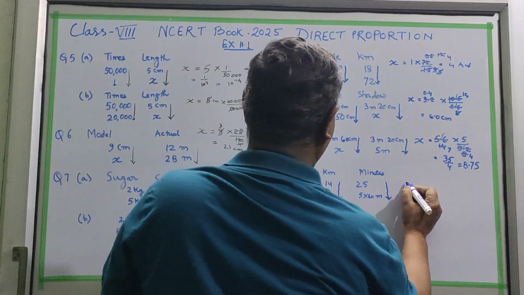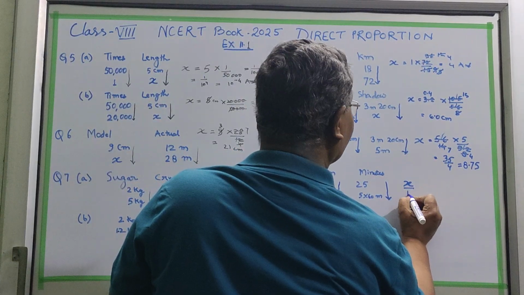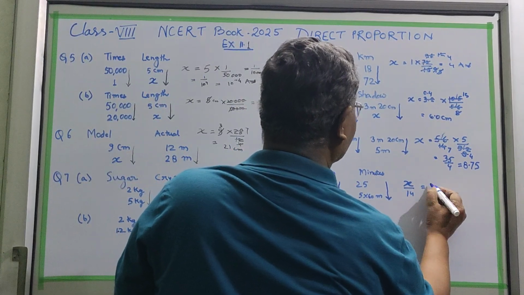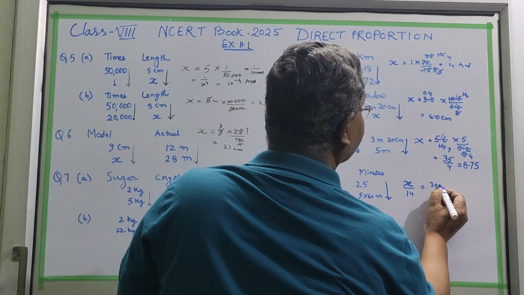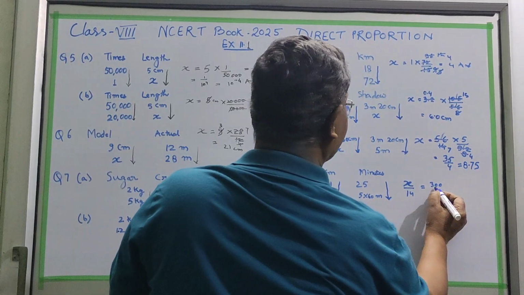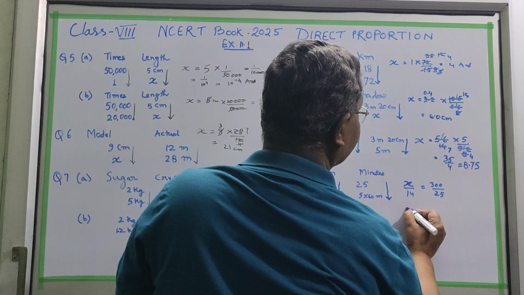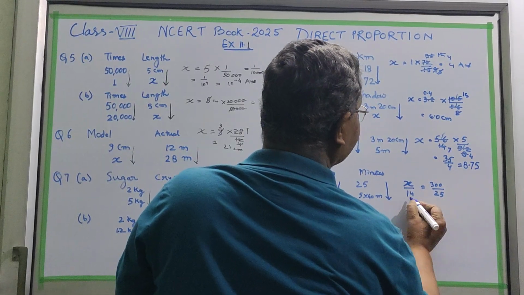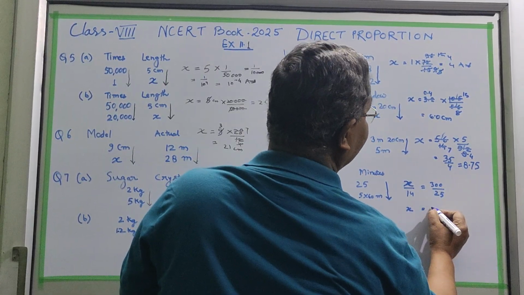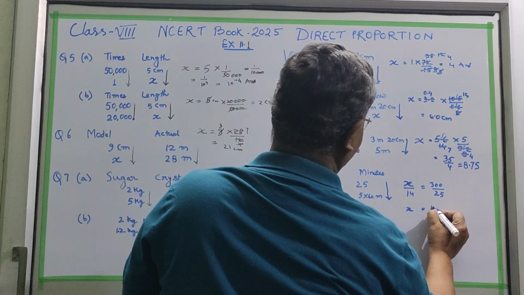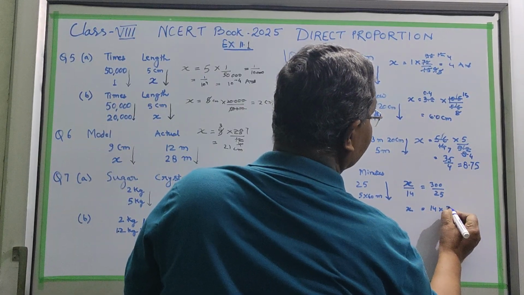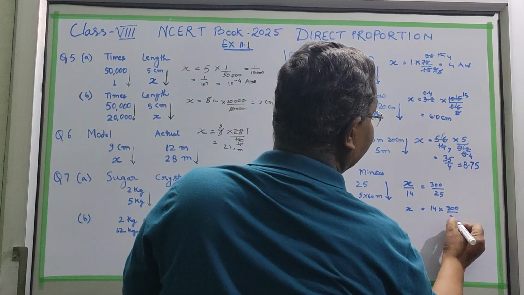Here x upon 14 is equal to 300 upon 25, and when we take x, this divide goes to that side in multiply form. That's why we always write 14 into 300 upon 25.